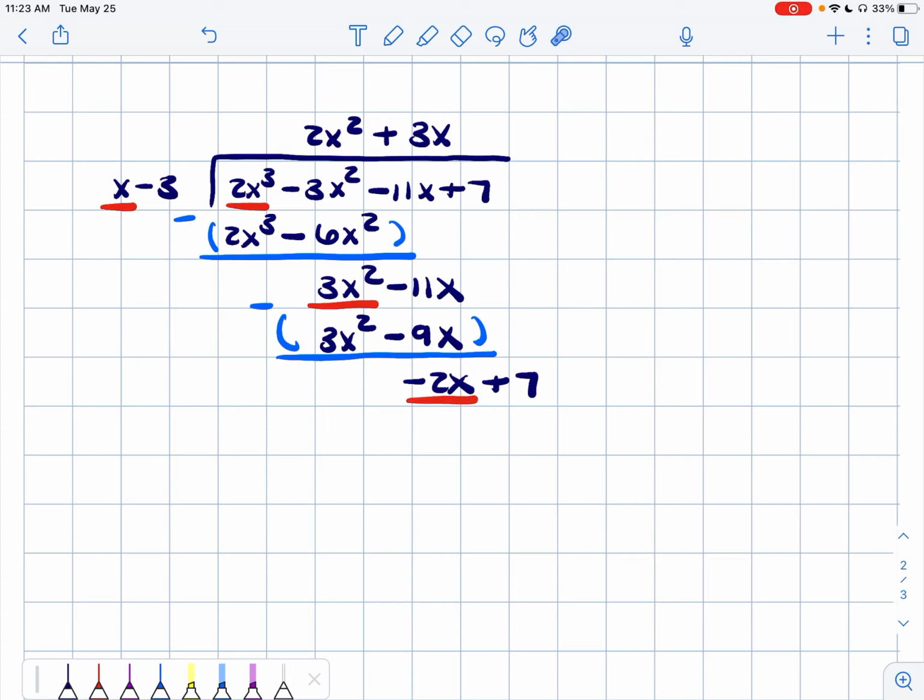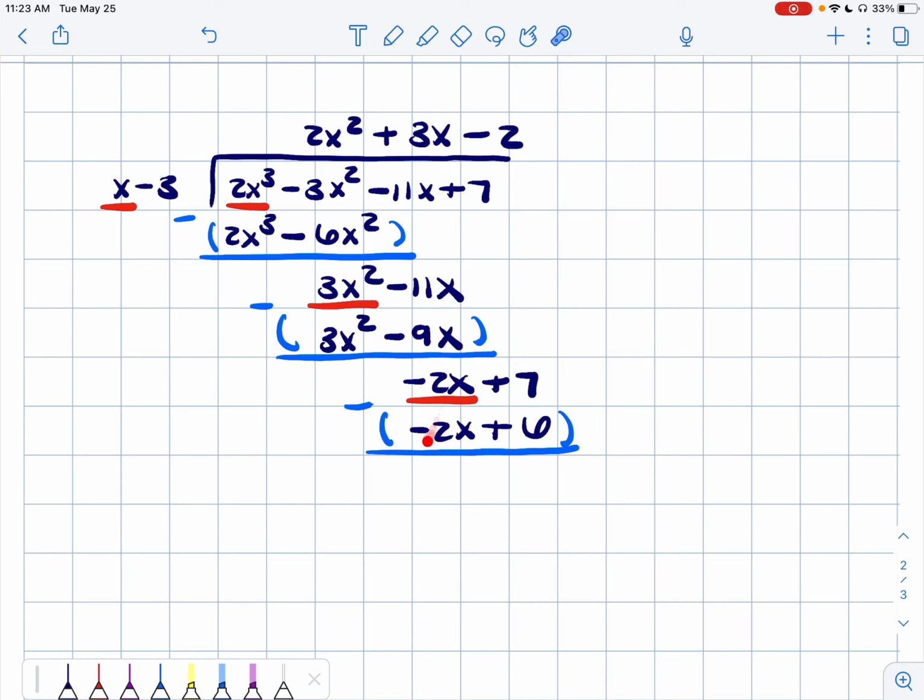So now, what do we need to multiply an x by to get a negative 2x? The answer is negative 2, so minus 2 goes in our quotient. And then multiply the negative 2 by the entire divisor. So that would give us a negative 2x plus 6. And then we subtract.